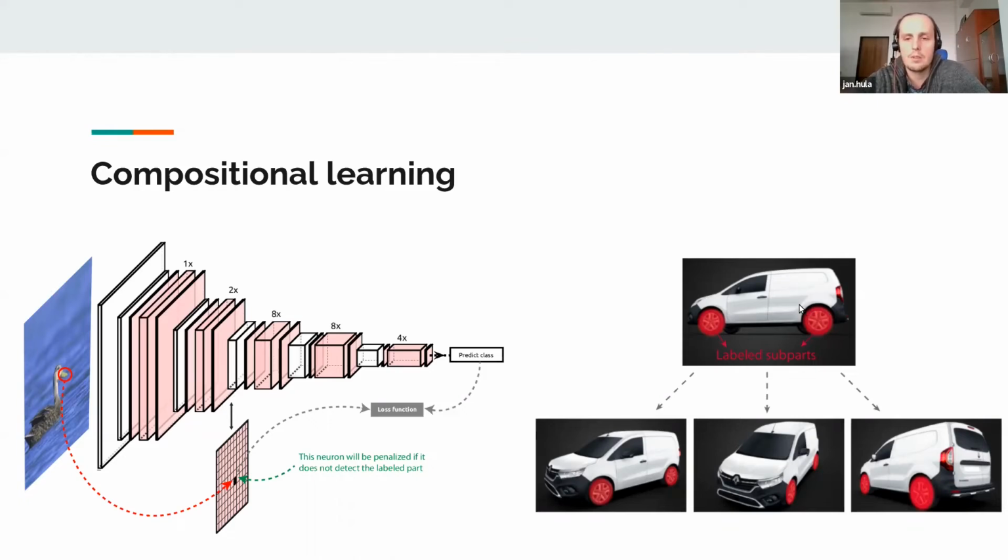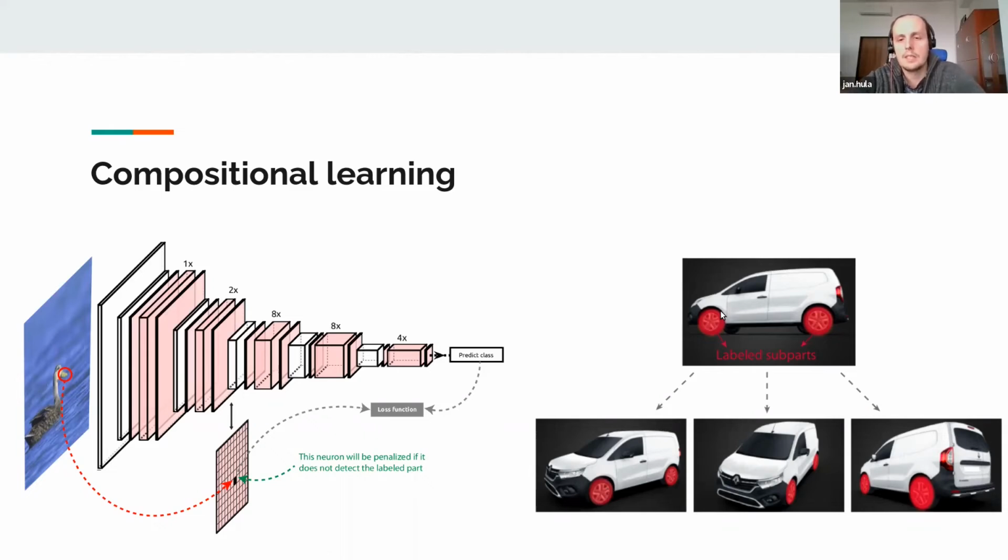And so we can use this to help the network train by forcing some features to automatically detect these parts. We don't need to wait until the network finds these parts by themselves. We can add additional labels. Instead of just having a label that this is a car, we can have additional labels which tell us that here is a wheel, and I want this filter to be sensitive to wheels, for example.